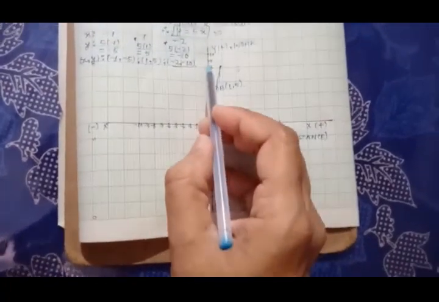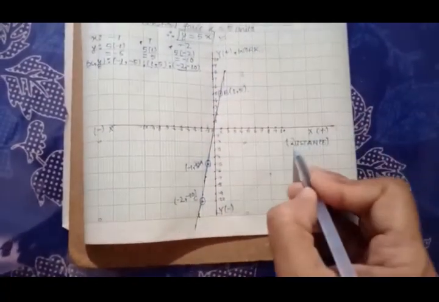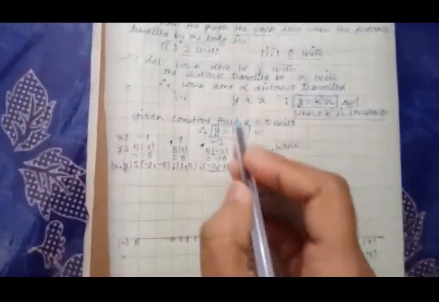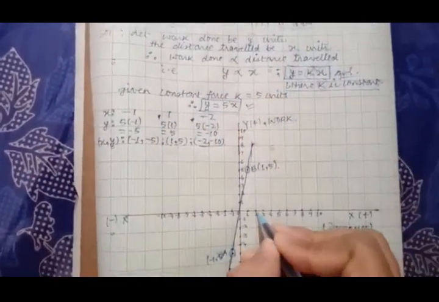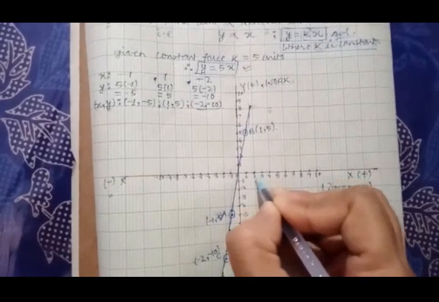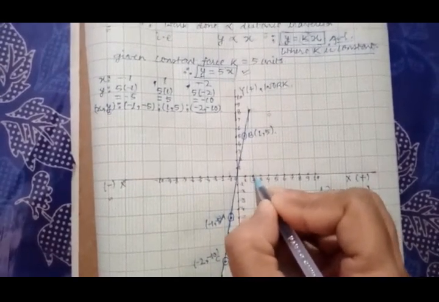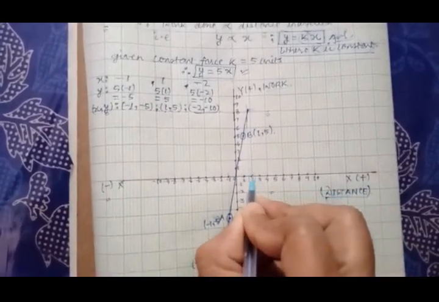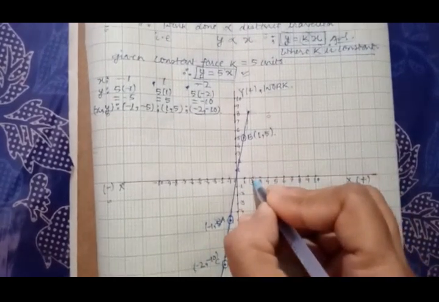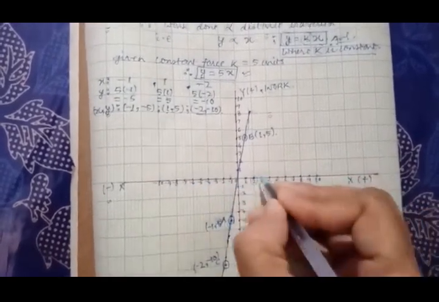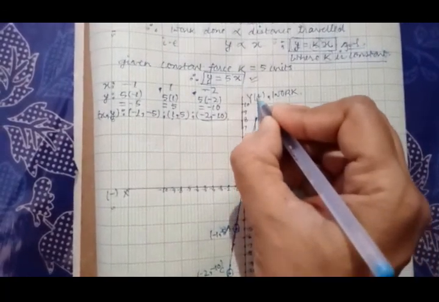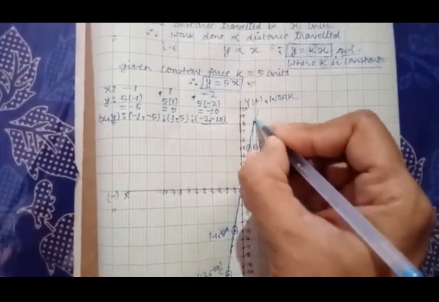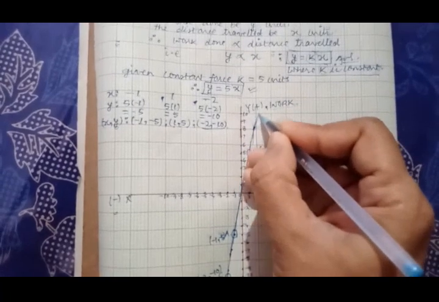So let's check what could be the work when distance is 2 units and 0 units. As if we take distance 2 units, from that plus 2 units of distance we draw a perpendicular on the x-axis, and let's check the point where it meets the graph of y equal to 5x.